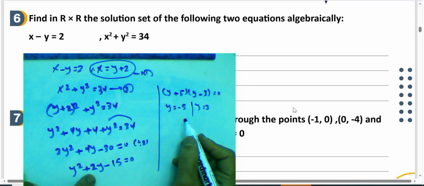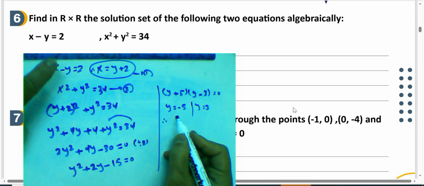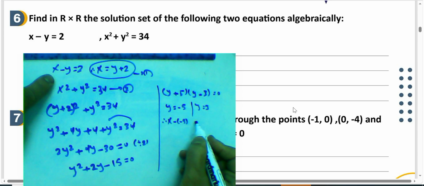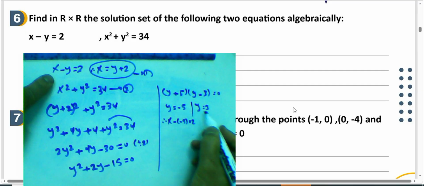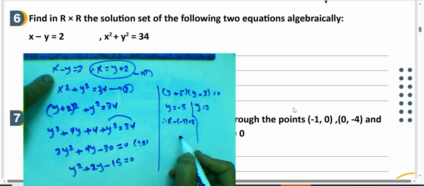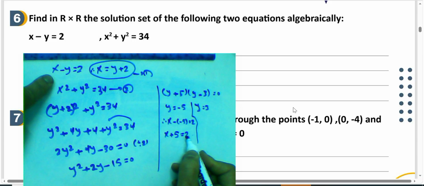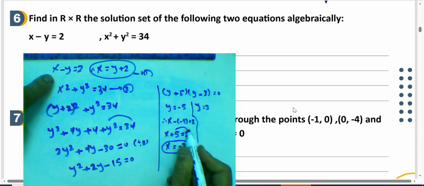If y equals -5, you can put it in this equation: x minus y equals 2, so x plus 5 equals 2, then the value of x will be 2 minus 5, which is -3.